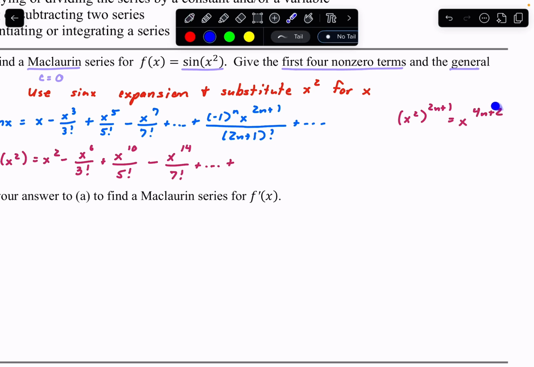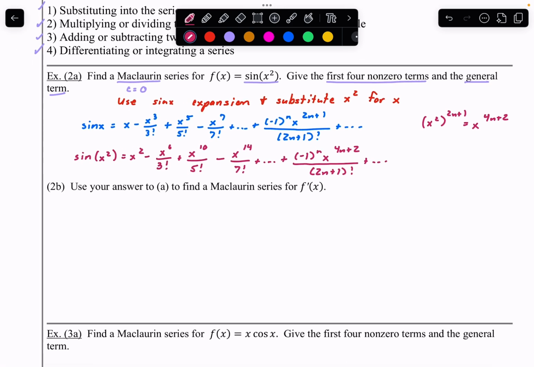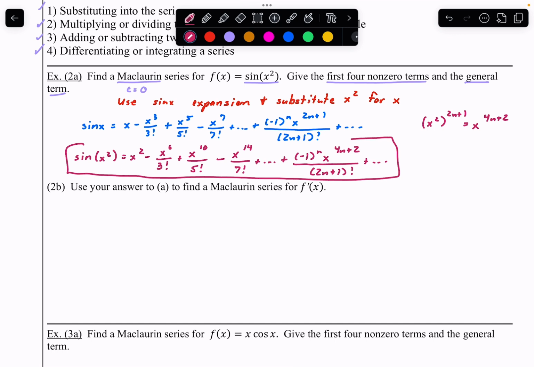That's my new power. So this is going to be negative 1 to the n because it's still alternating in sign. x to the 4n plus 2 over 2n plus 1 factorial. So that is the manipulation of sine of x, so that I found the Maclaurin series of sine of x squared. So that is the first 4 non-zero terms and the general term.